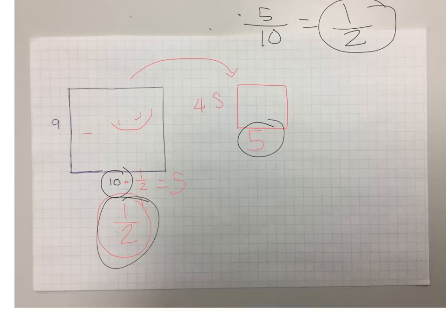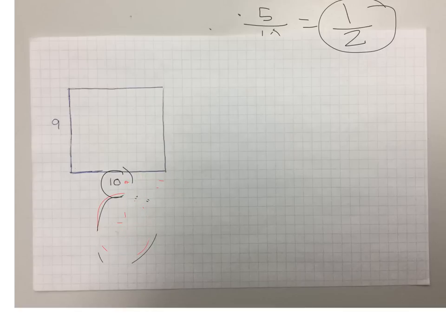Okay, so now let's say I wanted to enlarge it. You can choose any scale factor you want to enlarge. So let's say I wanted to double it. So that means I would multiply both by 2. My scale factor would be 2. And then I would need a rectangle that was 18 by 20.